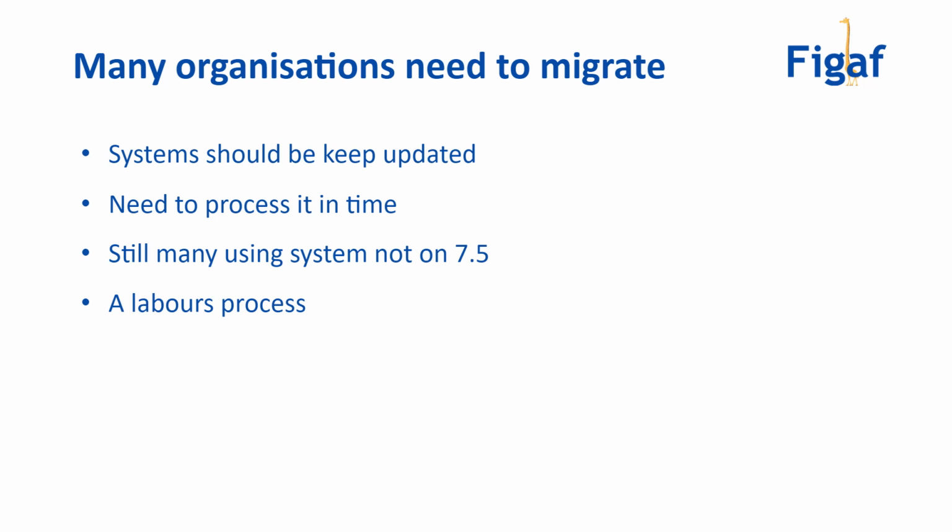So that means that a lot of customers need to migrate to be able to support systems, because everything other than 7.5 will run out of maintenance in 2020, so in 16 months. But other than that, you need to migrate, so you're keeping systems up to date and making sure that they're being processed correctly.